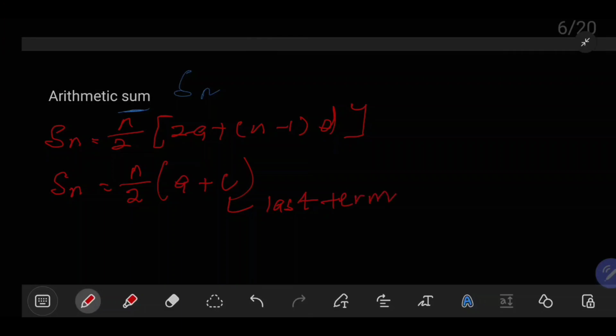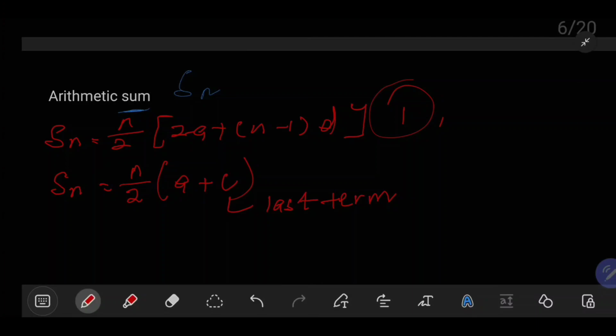But 98% of the time we're going to be using the first one, because in most cases you are not given a series that has the last term. But if so, you can use the second formula to calculate the sum of that particular pattern. Remember, we're dealing with an arithmetic sum.